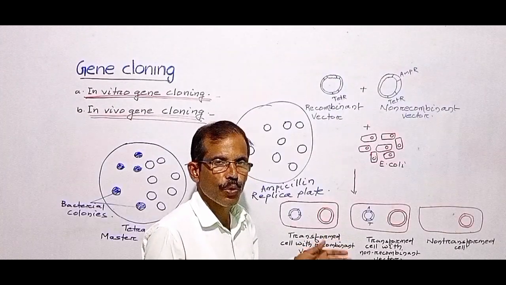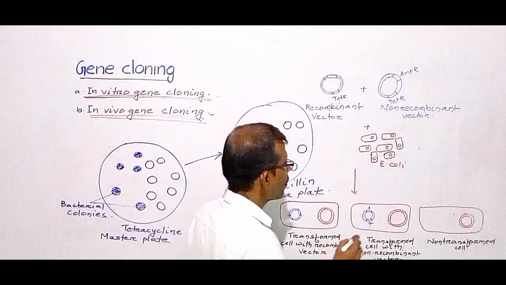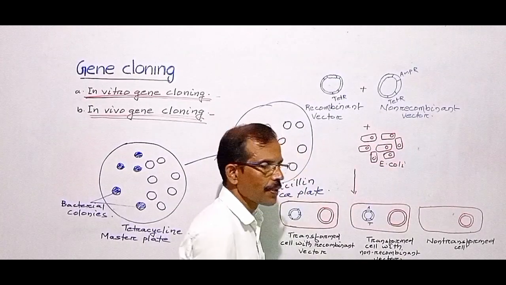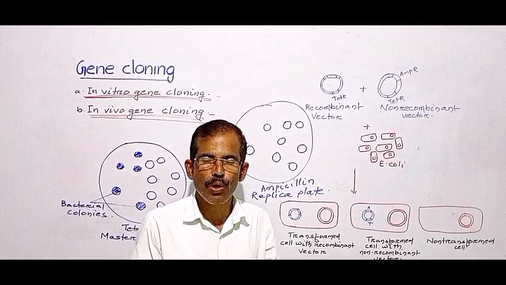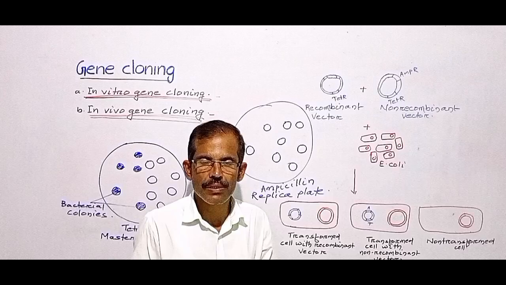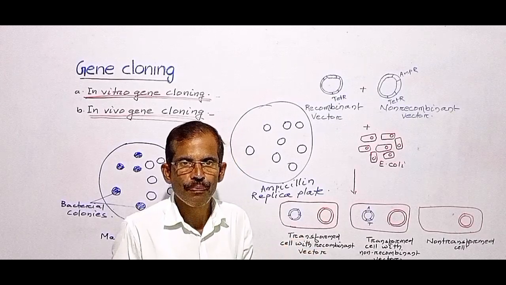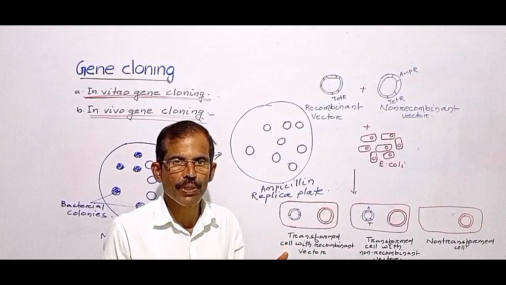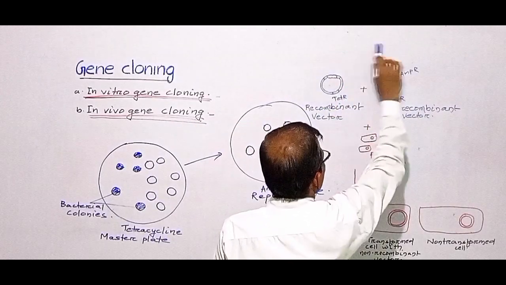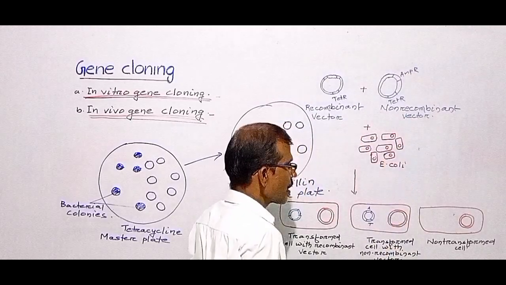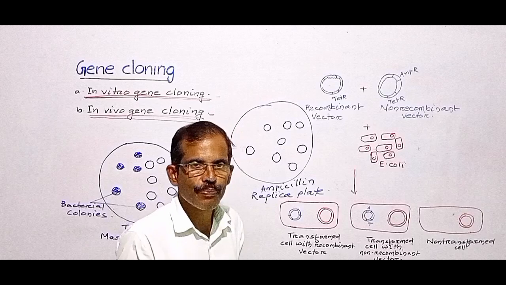Next step is host cell transformation. In our example, E. coli is the host. In place of E. coli, other bacterial cells or even eukaryotic cells, if found suitable, may also be used. For host cell transformation, this mixture containing both recombinant and non-recombinant vector is mixed with E. coli and incubated.